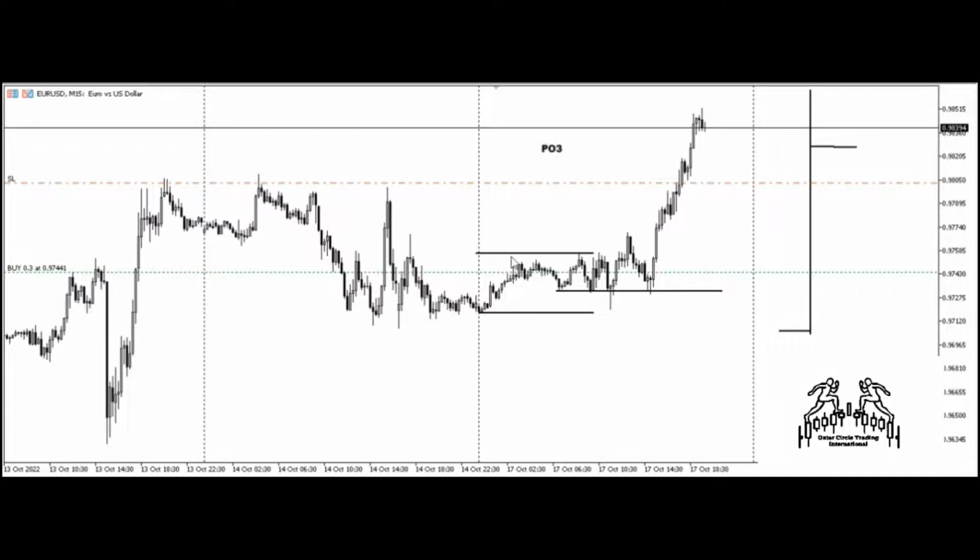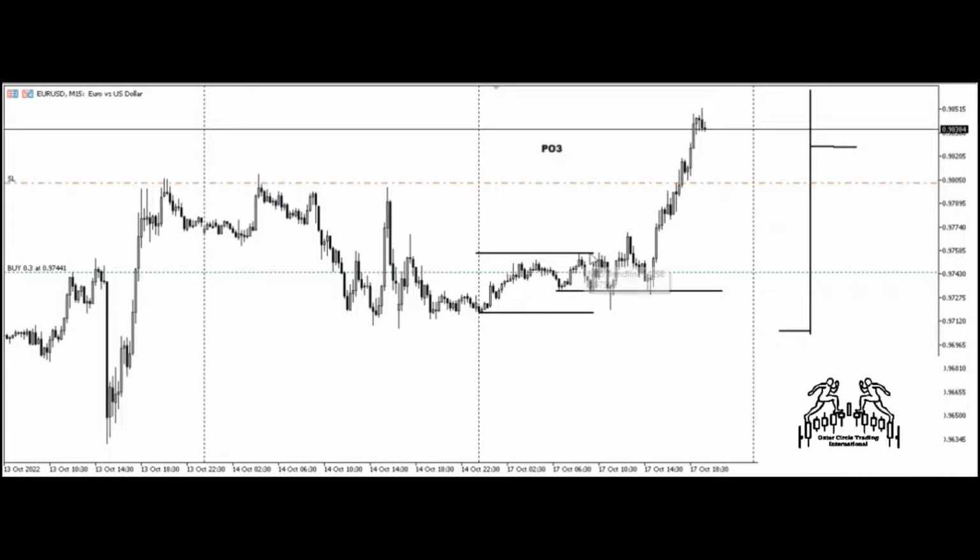You mark the Asian low and Asian high, and then you are looking to take the trade near the opening or below the opening price.